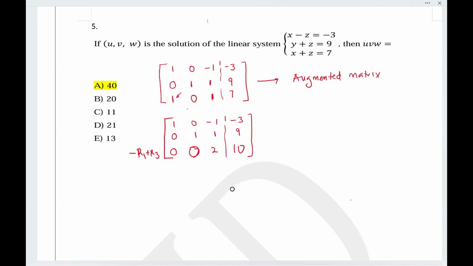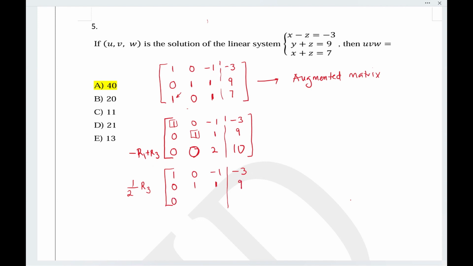Okay. Now, if you look at it, I think things are clearing out a little. Here is already 1. Here is already 1. So let's just go 1 over 2 R3 now. This is 1, 0, minus 1, minus 3. This is 0, 1, 1, 9.